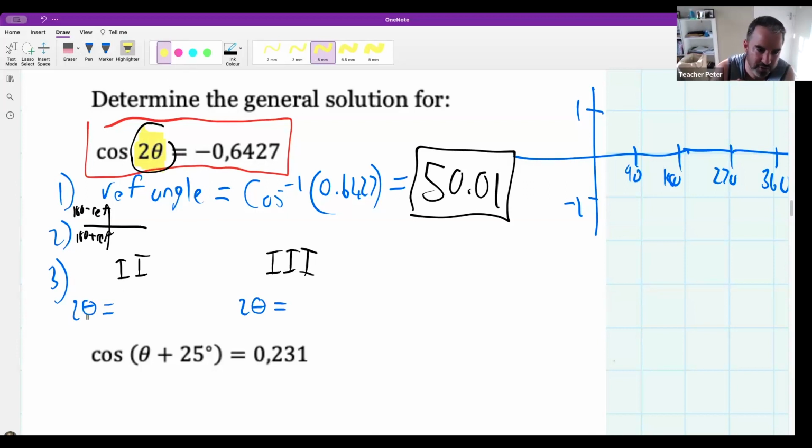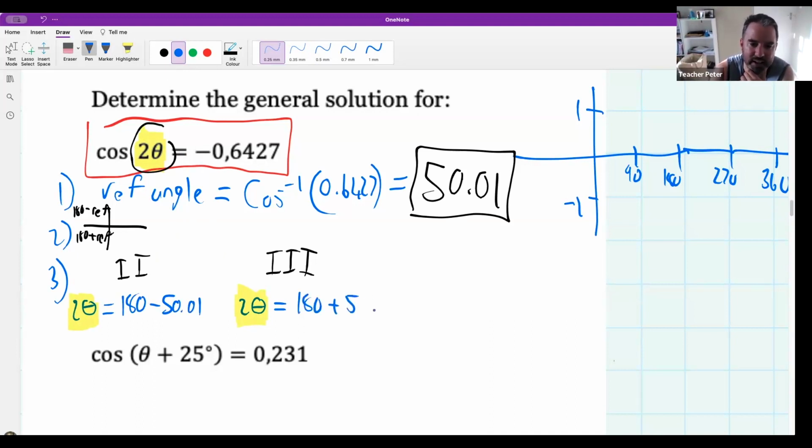Well, look inside the cos function. What is the thing inside that cos function? It's 2 theta, so we write that down. Now here, I'm going to write 180 minus the reference angle, which is 180 minus 50.01. And over here, I'm going to write 180 plus the reference angle, which is that.